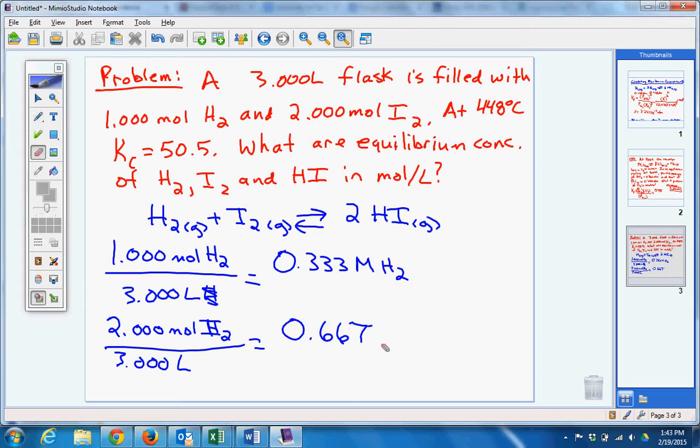Now we're going to take this information to the next page. You have those two numbers? What's the most common mistake AP students make? Forgetting to divide by the flask that it's in.